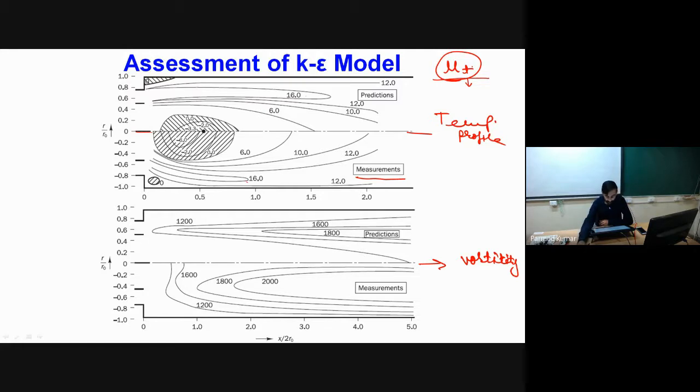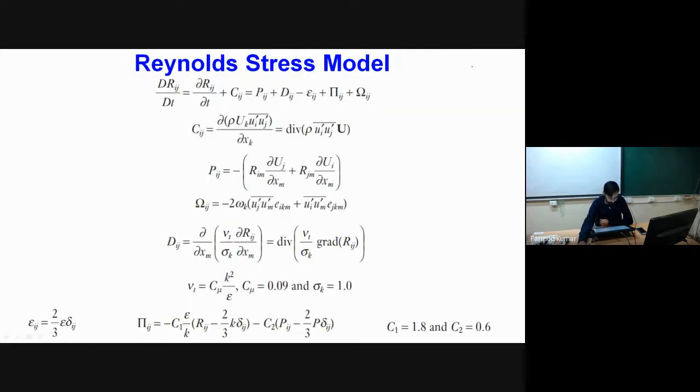So in order to improve the models, we go for some modeling which we call the Reynolds stress model. In the Reynolds stress model, we define Rij, which is called the kinematic Reynolds stress.